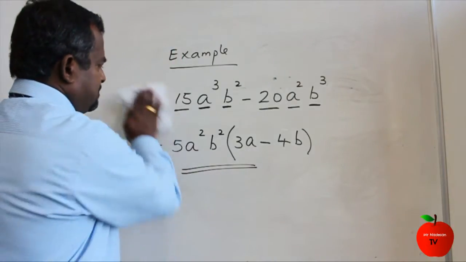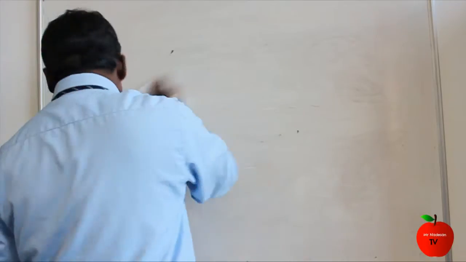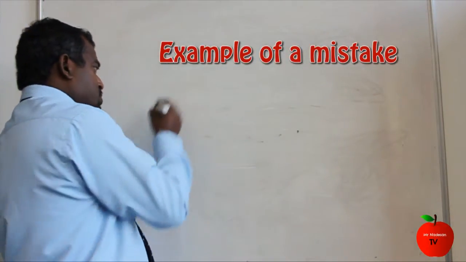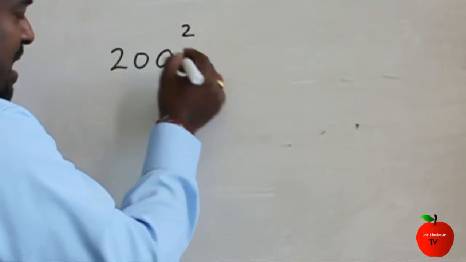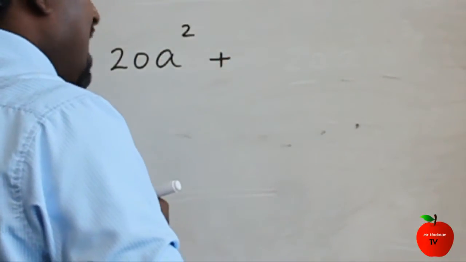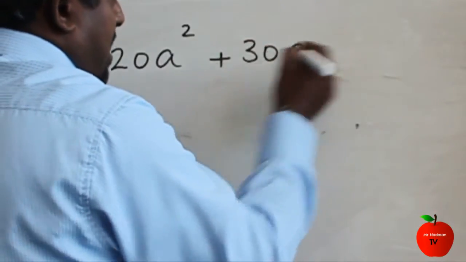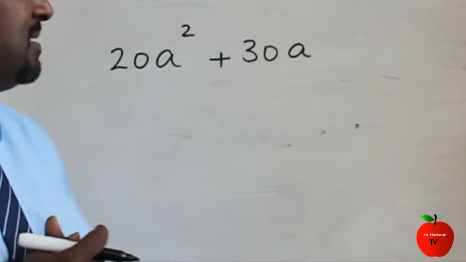Let's have a look. If any question like this, let's say you got a question here, 20a squared plus 30a. People make a mistake.